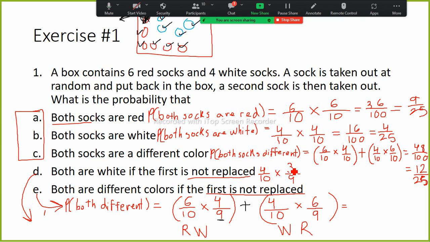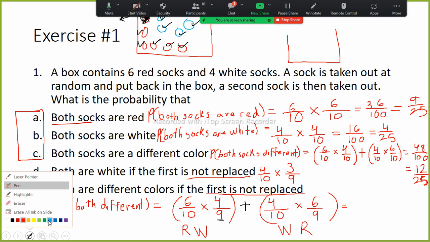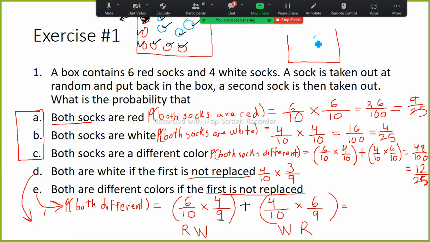Okay, look, think about it. It's easy to visualize. We could literally do the experiment here. So, how many white are there? 1, 2, 3, and 4. How many red do we have? 1, 2, 3, 4, 5, 6 red.